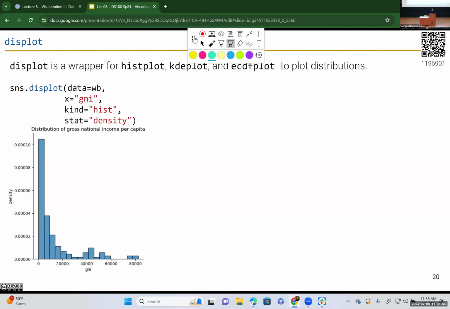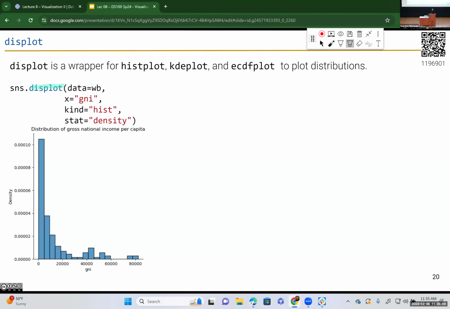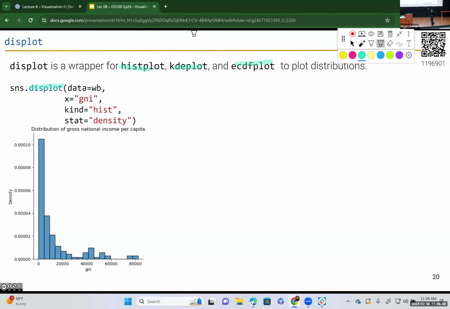For example, here I'm using displot. This is a wrapper on top of a bunch of different plots: histplot, KDE plot, and ECDF plot, which I'm going to tell you about.